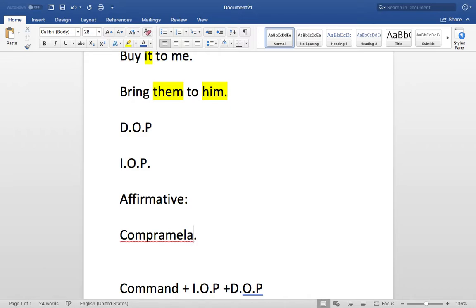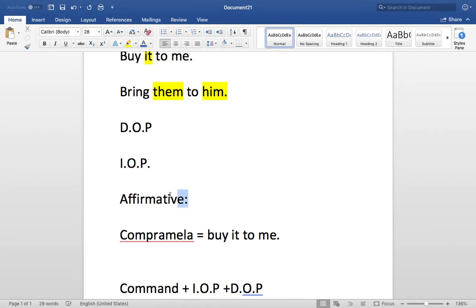Cómprame la is equal to buy it to me. So in English, the it is the direct object pronoun, and me, it's to me, is the indirect object pronoun. And in Spanish, you have to flip those two, okay?